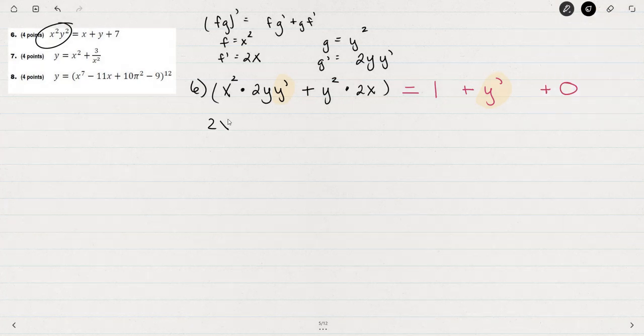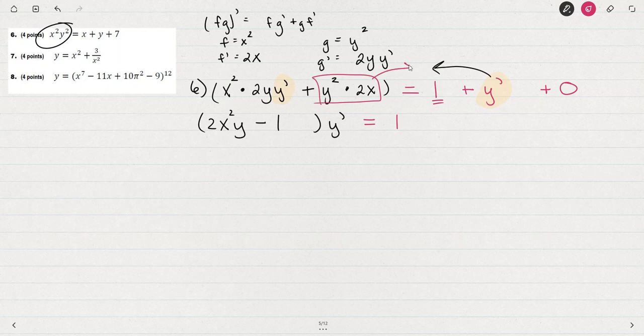So we've got 2x squared y times y prime, and then I'm going to subtract this y prime, so minus 1 y prime, to the other side. And this is going to equal, I still have this 1 here, and I'm going to move this 2x y squared to the other side, so minus 2x y squared from both sides.